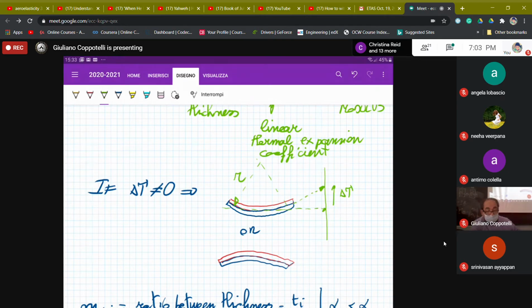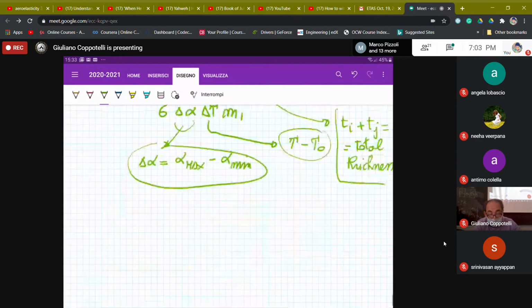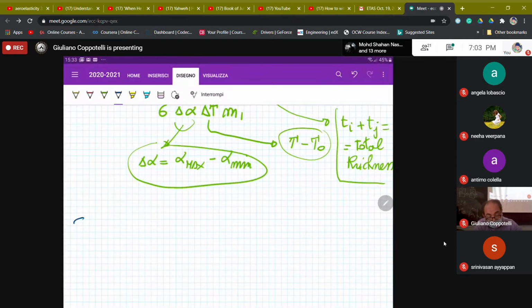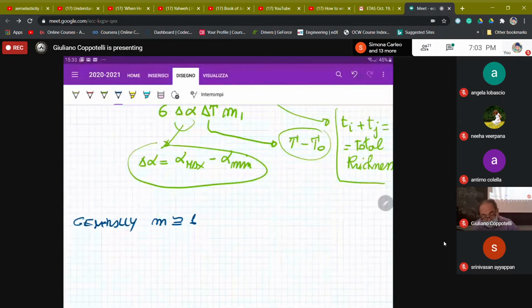Now, let's see some simplification just to have an idea of numbers. So generally, what we can say is that the M parameter is practically 1. The N parameter is once again practically 1.